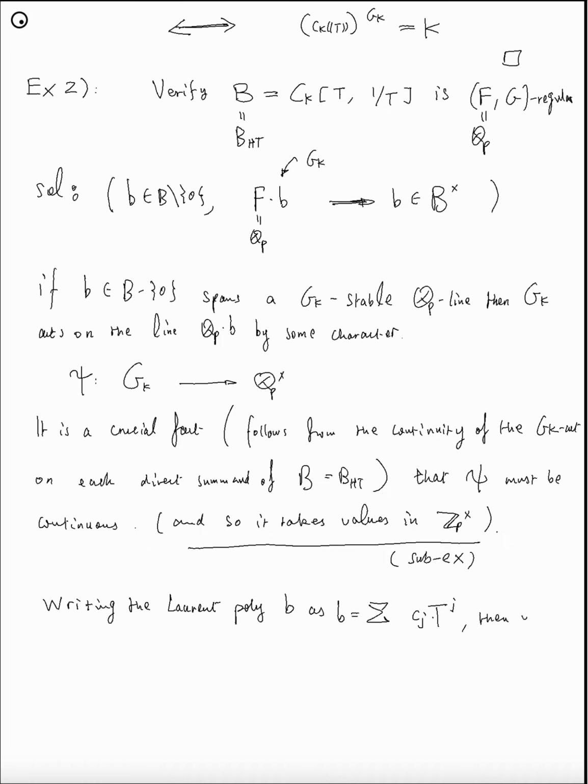Then we have Cj acting on b equals J acting on b, equals, by definition, chi j to the power j tj and then Jci.